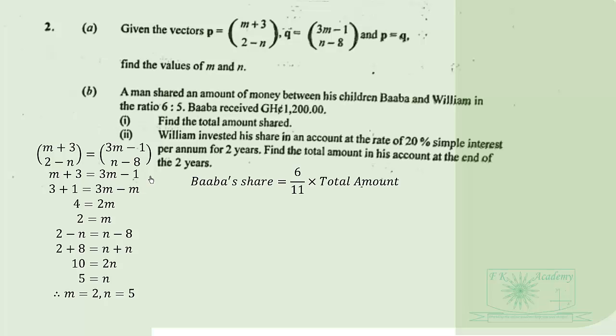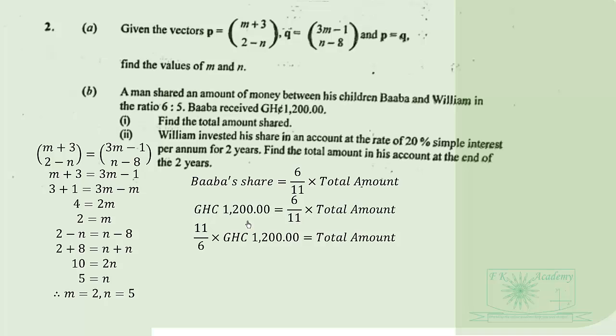So Baba's share will be equal to 6 over the total ratio, which is 6 plus 5, 11, times the total amount. And in the question, it was given that Baba had 1,200. So we fix it there. We multiply by the reciprocal of 6 over 11, which is 11 over 6.